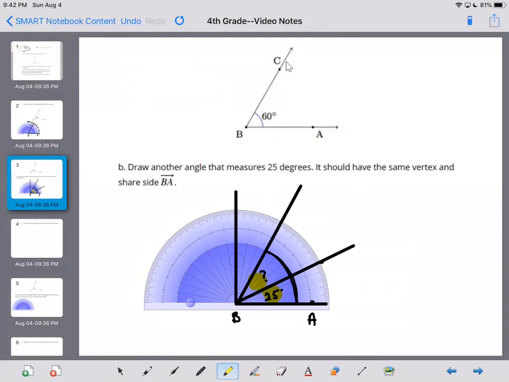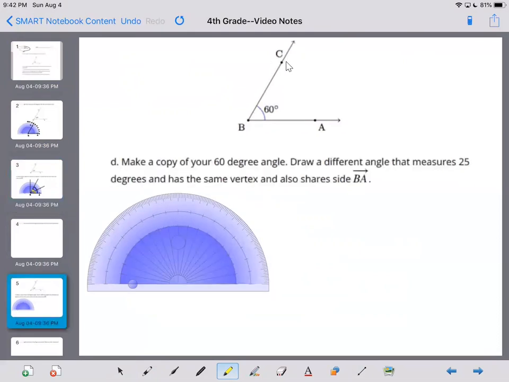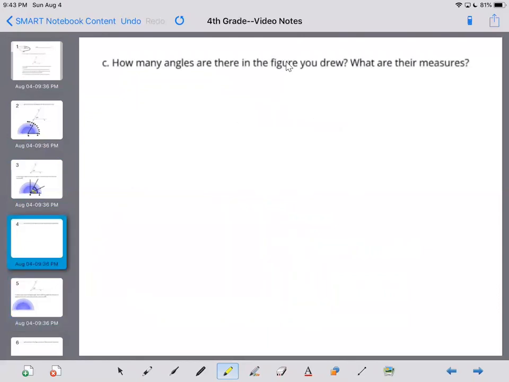So part D just says make a copy of your 60 degree angle, draw a different angle that measures 25 degrees and has the same vertex. Well, I just want to look at now a different angle measure, or 25 degrees, than I did earlier. But if I go back here, how many angles are in there? Let me come back to part C.